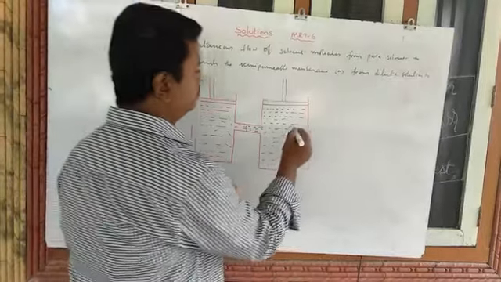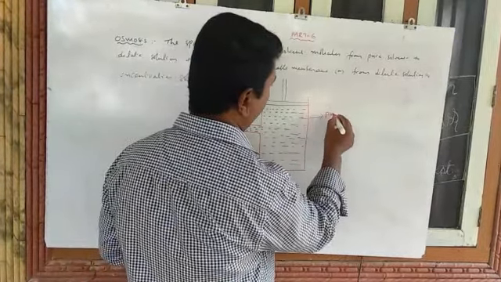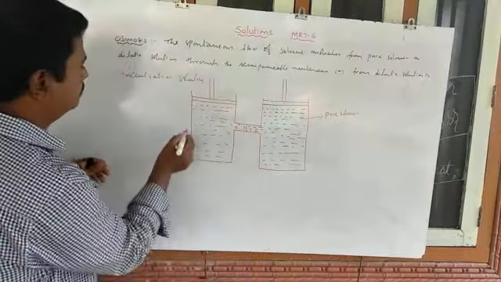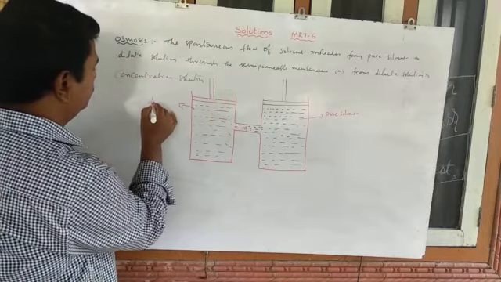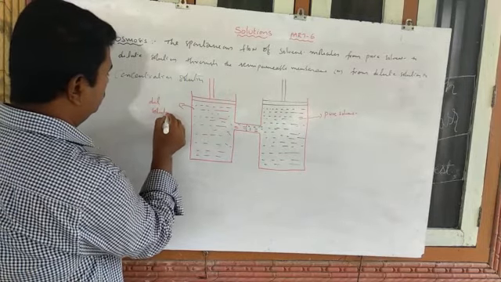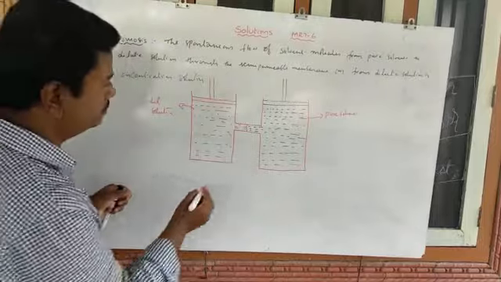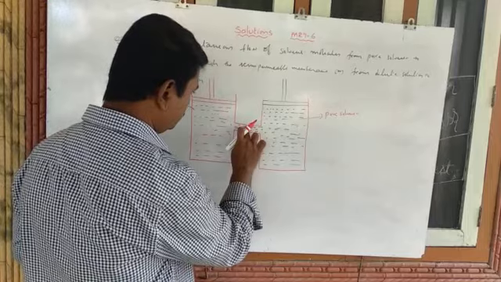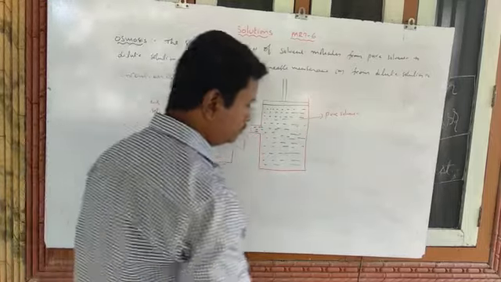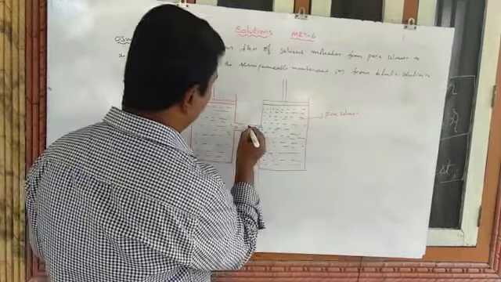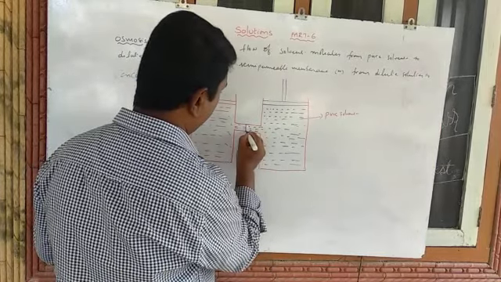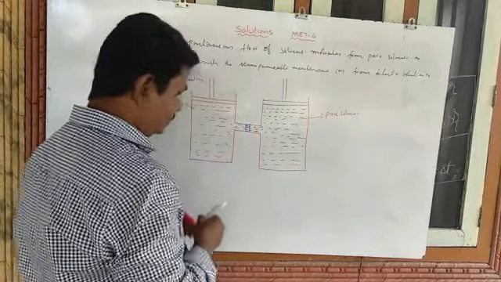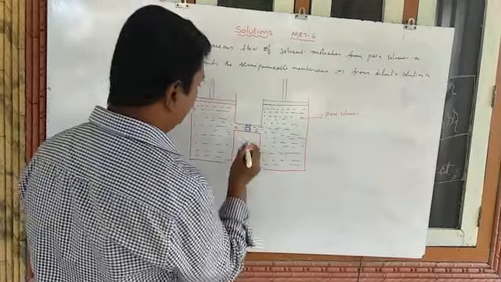So this is the pure solvent. This one is the dilute solution. Here it is a semi-permeable membrane.